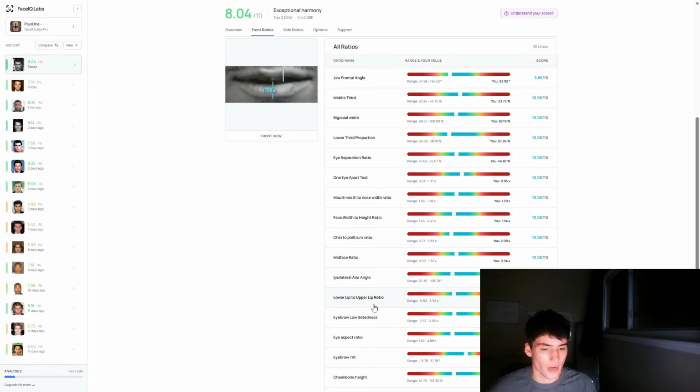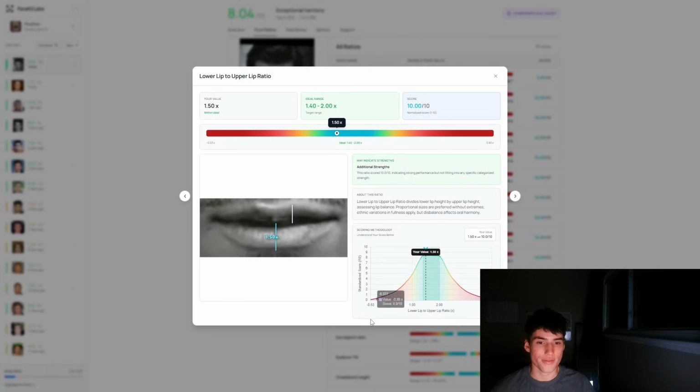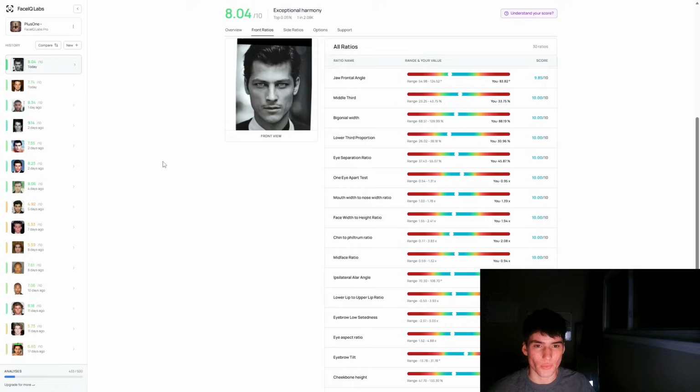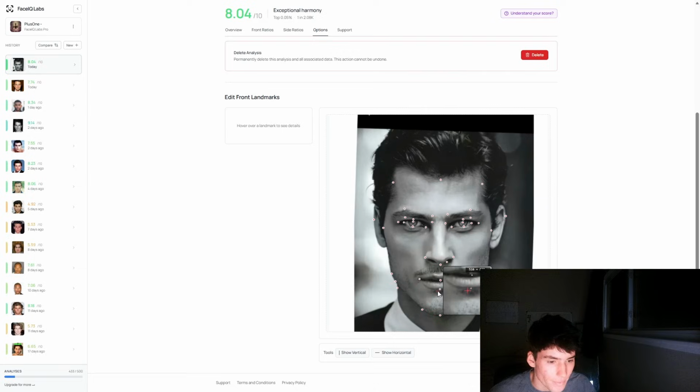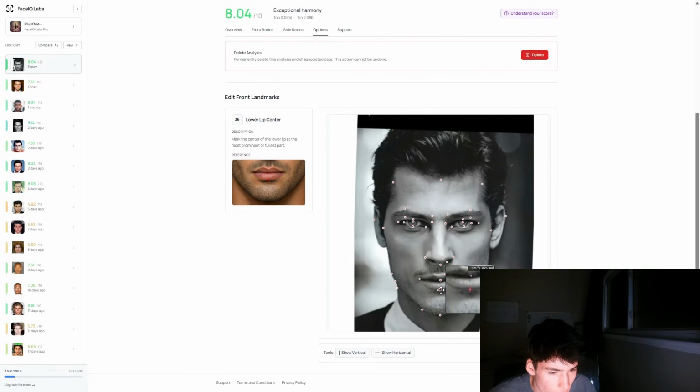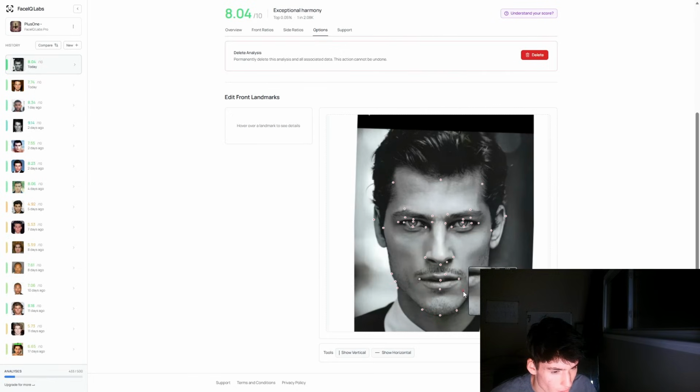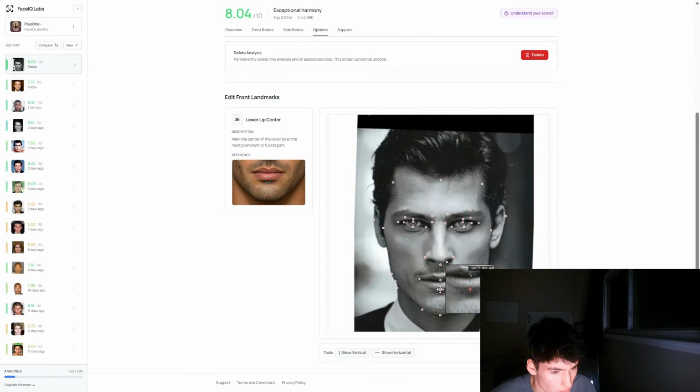I did have to adjust the measurements to this, because his mouth wasn't fully closed. I could actually readjust it real quick, guys. I wonder if this is going to mess up any of the other measurements. I don't think it will.